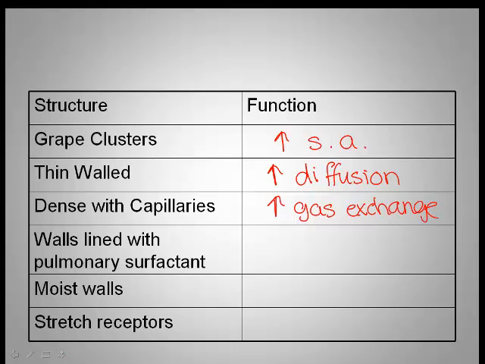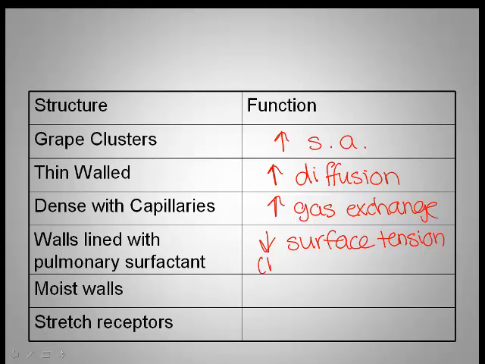Our alveoli are going to be lined with pulmonary surfactant, and this has hydrophobic and hydrophilic properties, where the hydrophilic heads are going to face the water in order to lower surface tension. The reason why we want to decrease surface tension is to allow our alveoli to refill once they've collapsed from the oxygen exchange.